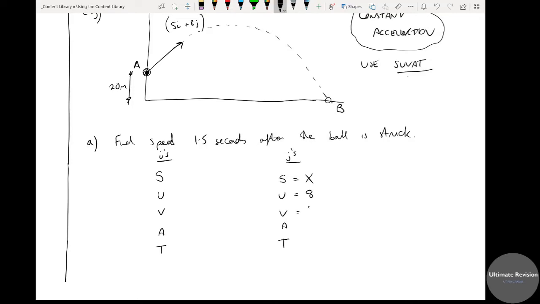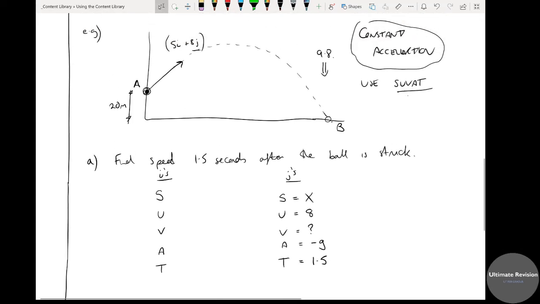Final speed, well that's what we're after, question mark. Acceleration, now acceleration is down, isn't it? 9.8, which is gravity, and we've taken up as positive, so it's minus g, the acceleration. Time, well it gives us that in the question, 1.5 seconds.